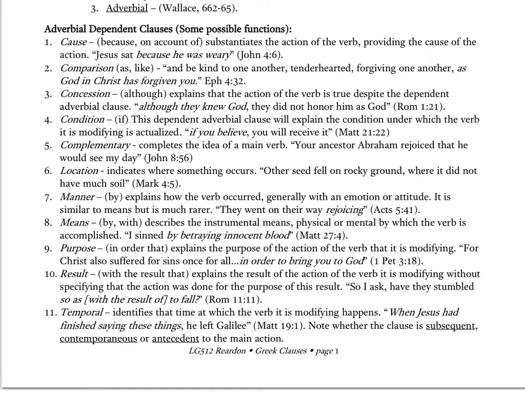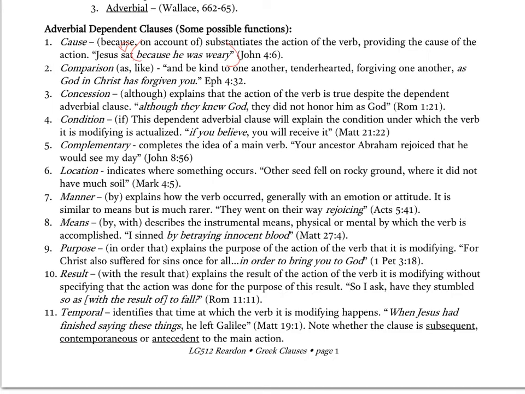So we can put little parentheses around here. And we know that it functions adverbially to indicate the cause of the sitting. Jesus sat can stand alone, but because he was weary offers a modification of the verbal idea. So it explains why he sat, and that's what cause does. It gives the answer why something happens.